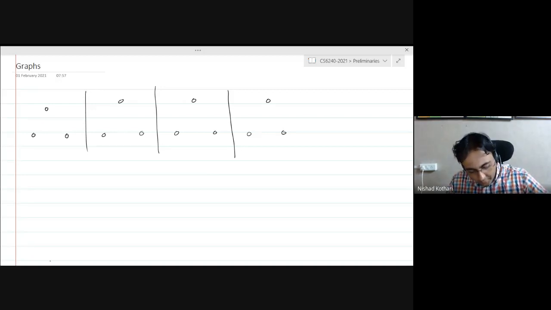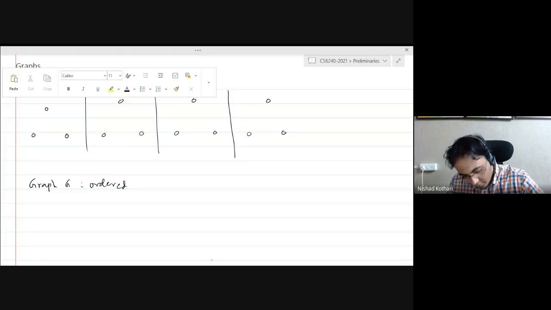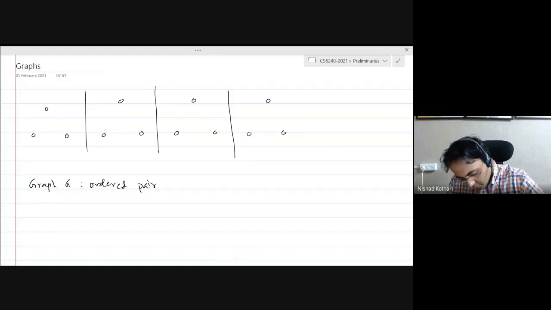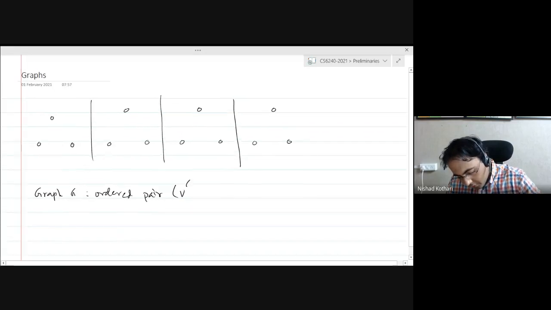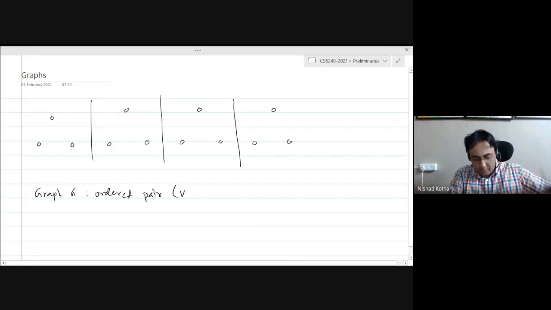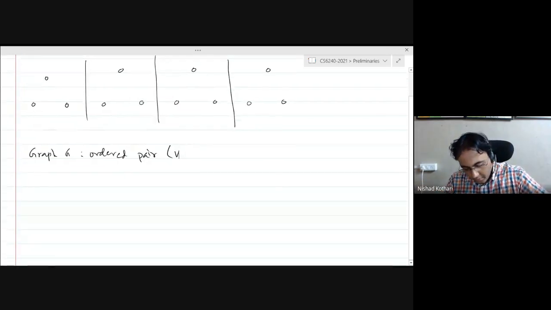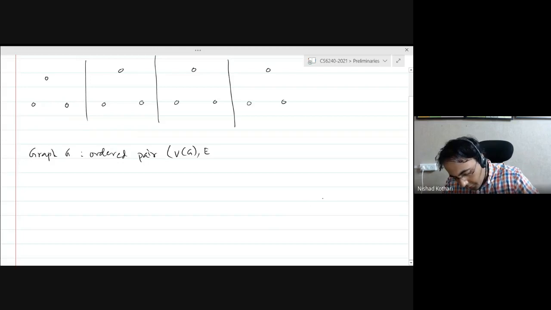You have a graph G. There is an ordered pair: a set of vertices, which is generally denoted as V of G, and the edges, E of G. The vertices of the graph G and the edges of the graph G.